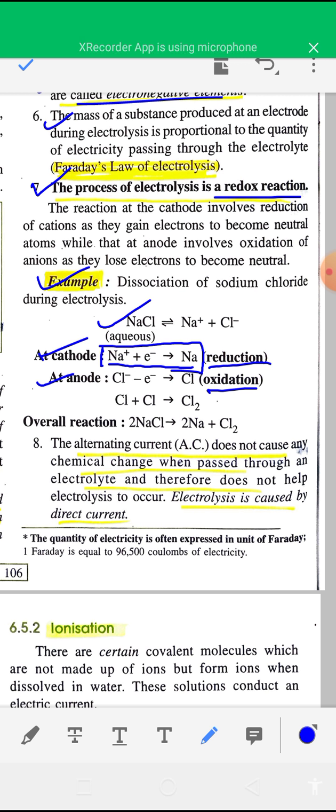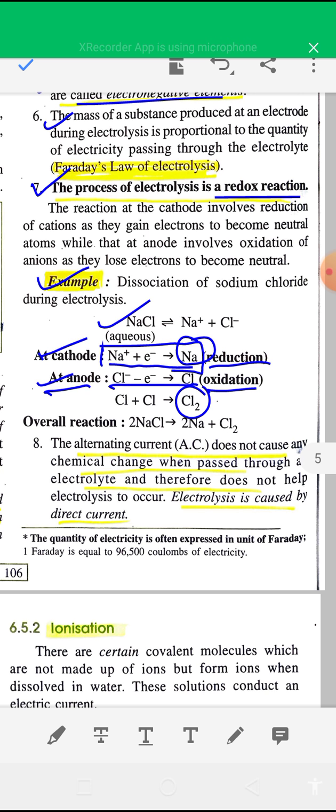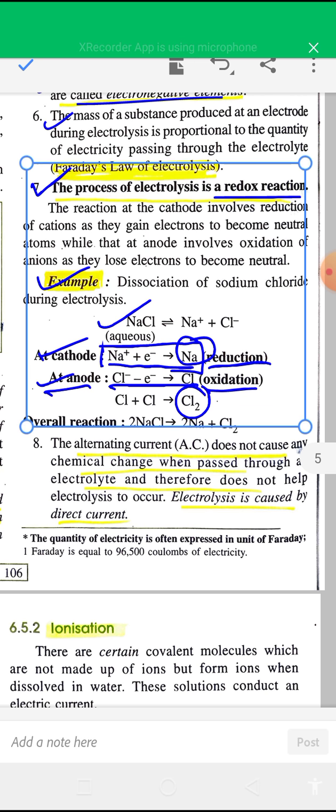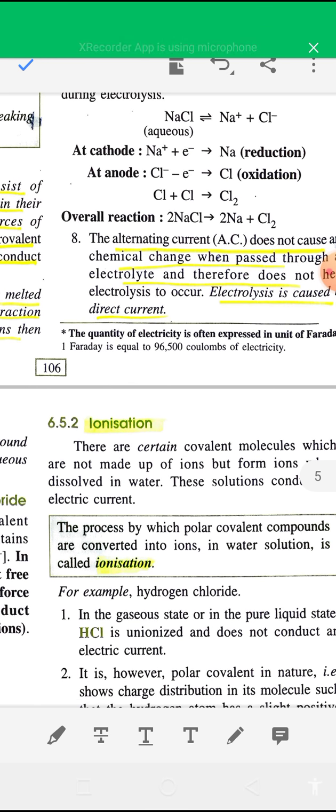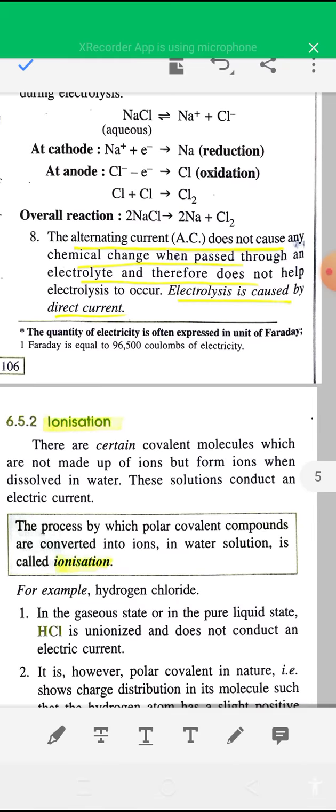So at cathode you will get sodium metal, and at anode the Cl- ion migrates towards anode, loses one electron, and is oxidized to chlorine gas. So on passing electric current through molten NaCl, you will get sodium metal at cathode and chlorine gas at anode. Two different products at two electrodes.